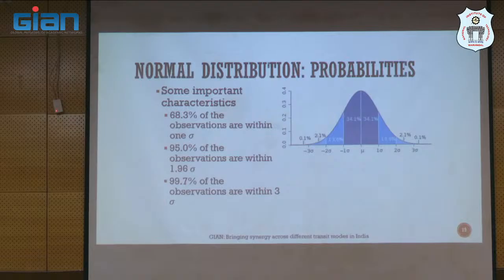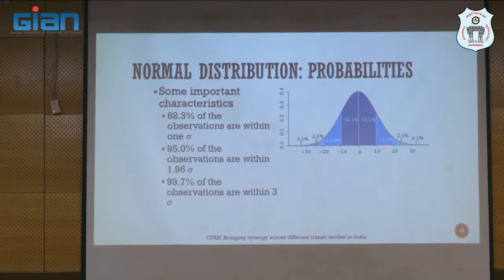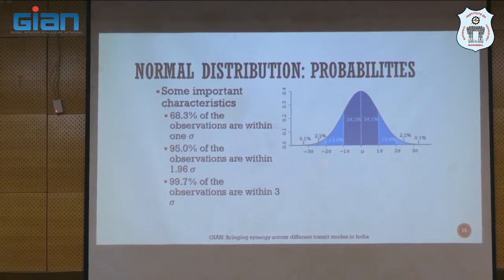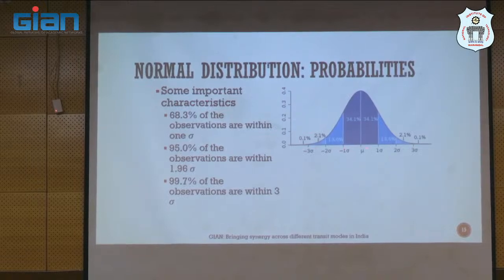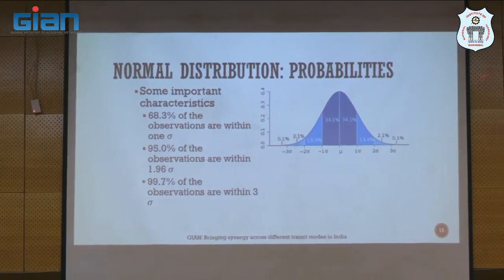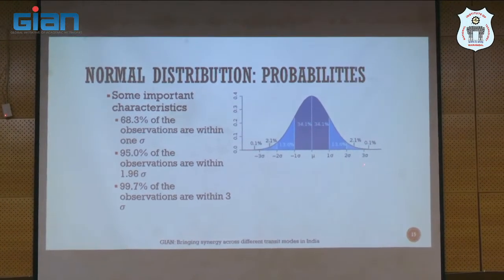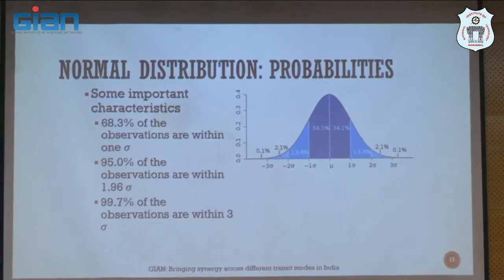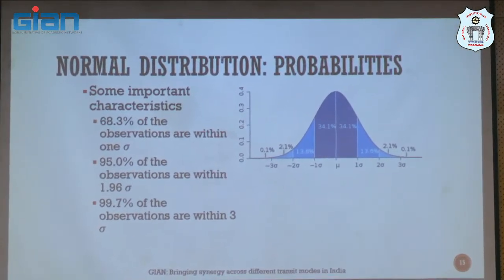The higher the confidence you want, the width of the distribution keeps increasing. If you want to be confident at only 68%, I'm only going 1 sigma on both sides. But if I want to be confident at 99.7%, my distribution goes 3 sigma on both sides. So the larger the confidence you want, the larger the width.